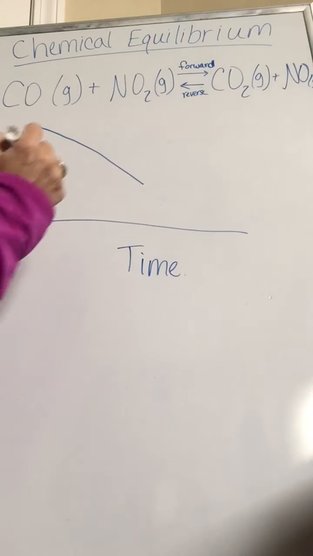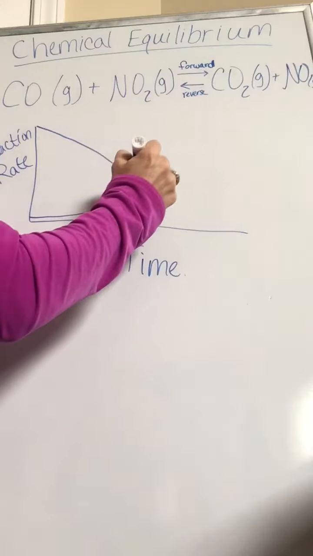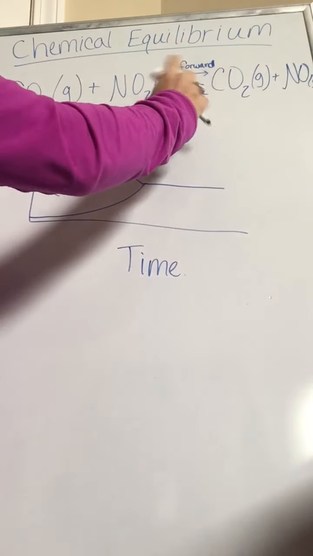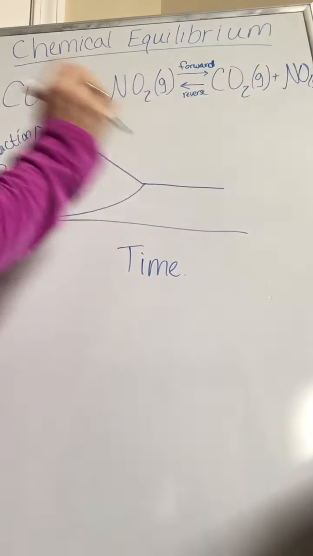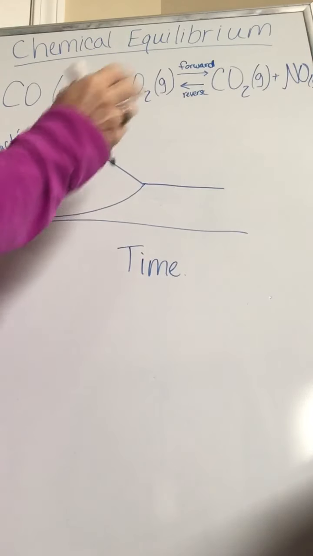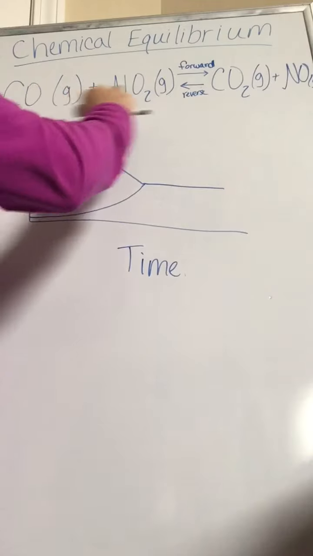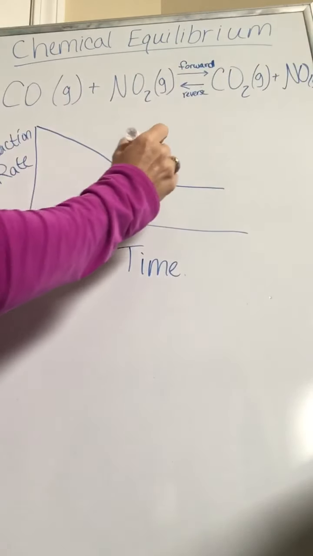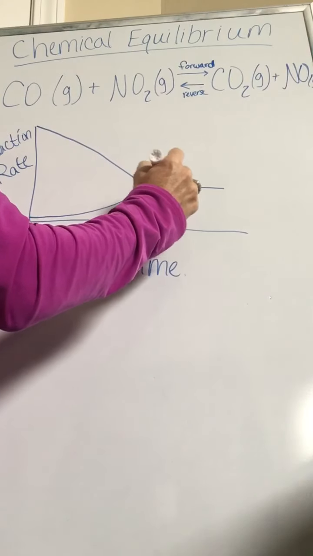We have the reverse reaction, and they hit a point where they're happening in both directions at the same rate. So it's not moving in that direction or that direction. They're both happening at the same rate. And that would be the equilibrium.